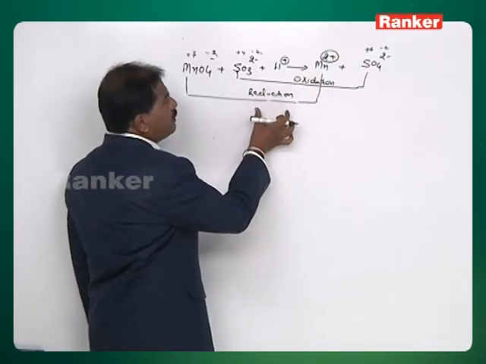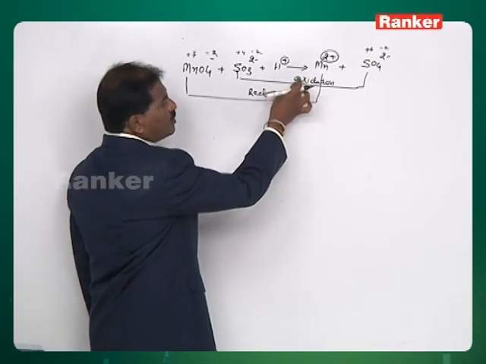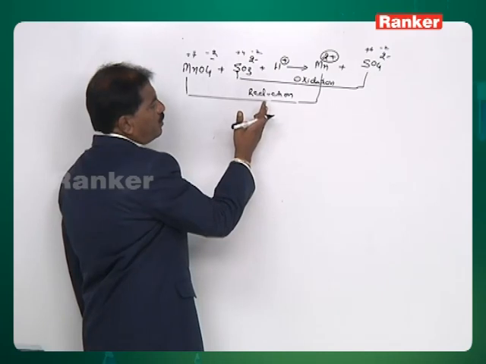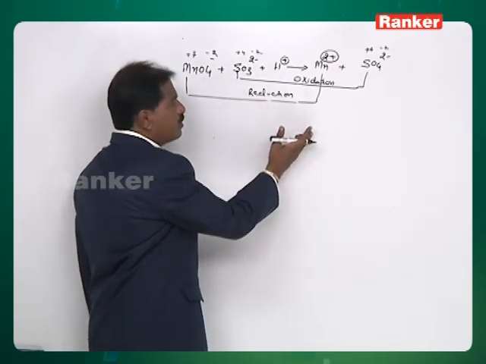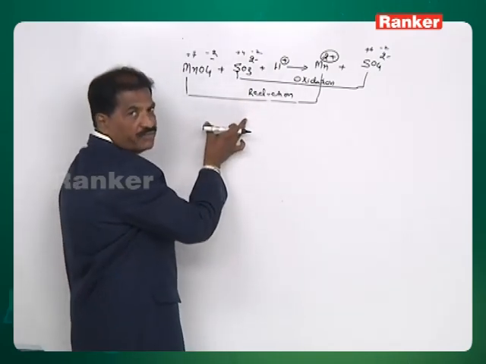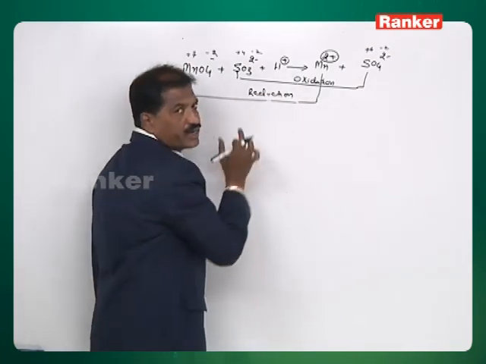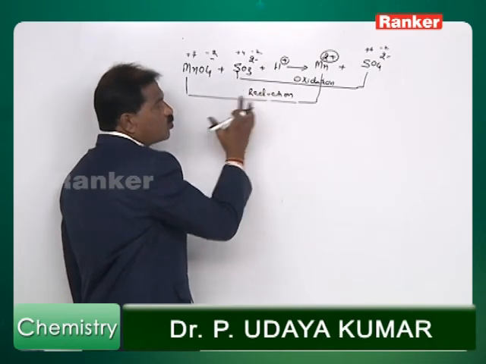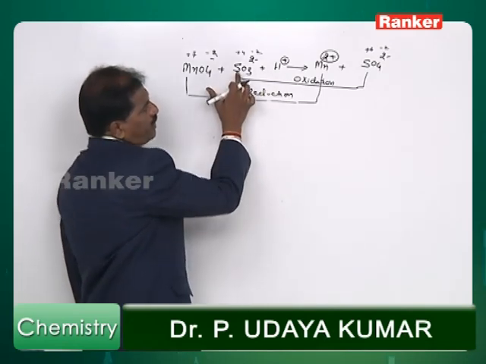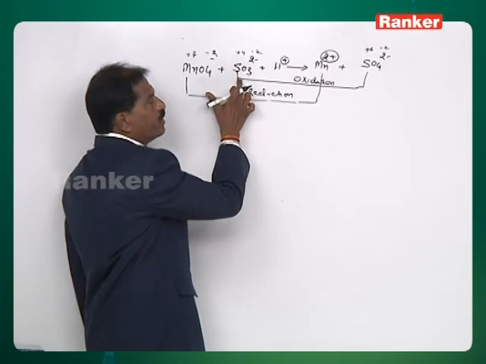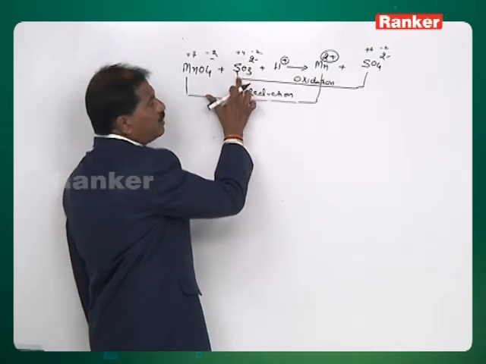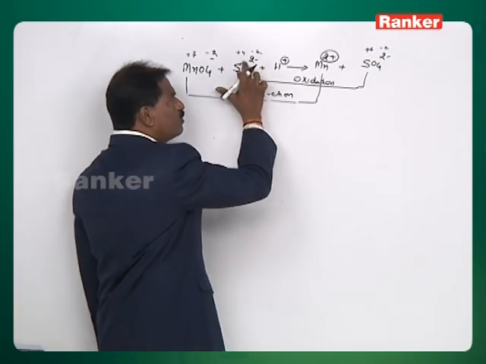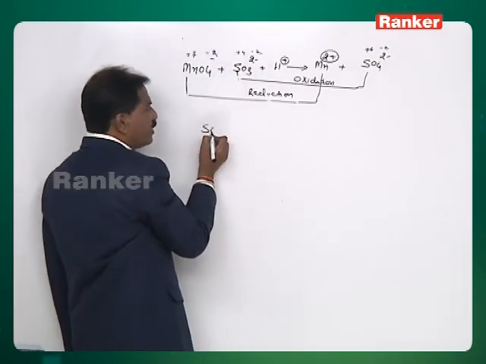After identifying the species which are undergoing oxidation and reduction, the entire reaction has to be divided into two parts. The first part is called the oxidation half reaction. The second part is called the reduction half reaction. How do we divide this entire reaction into two parts? First, identify the atom which is undergoing oxidation. Here, sulfur is undergoing oxidation. Therefore, the sulfur plus the other atoms present in the molecule has to be separated, the entire molecule.